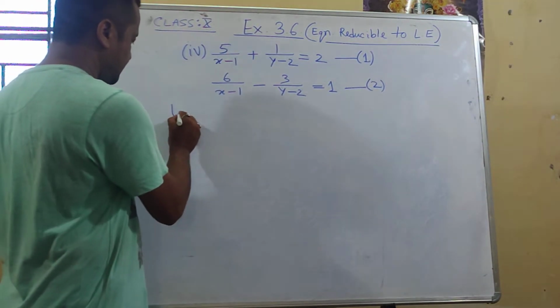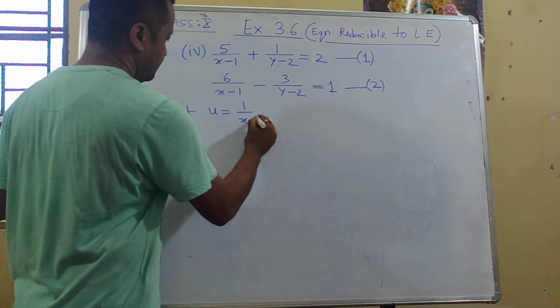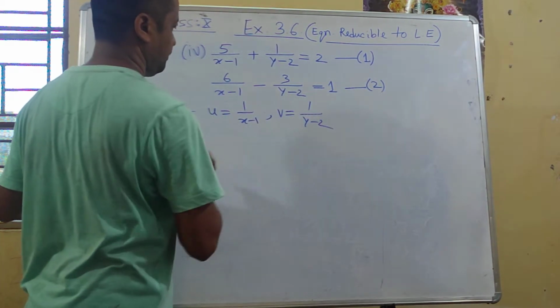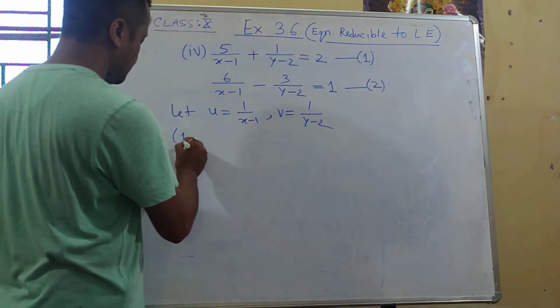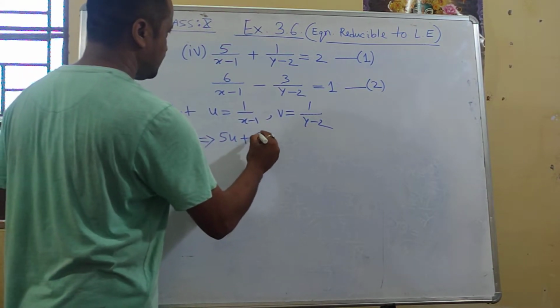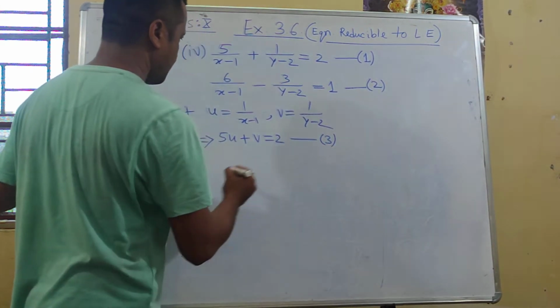So for this, let u is equal to 1 by x minus 1 and v is equal to 1 by y minus 2. So then equation 1 reduces to 5u plus v is equal to 2. It is equation number 3.